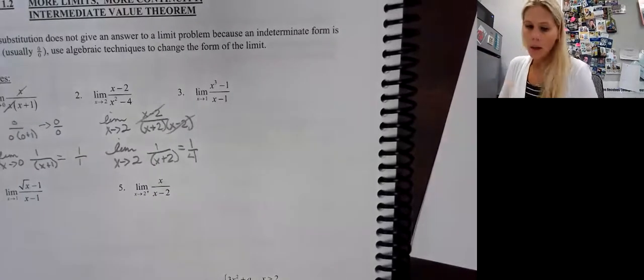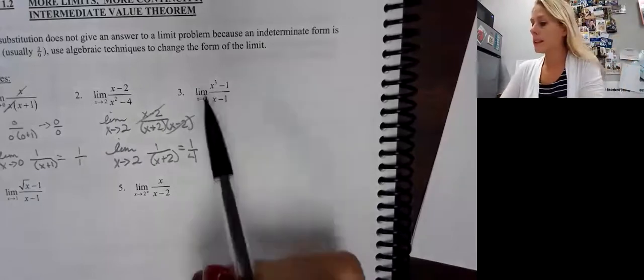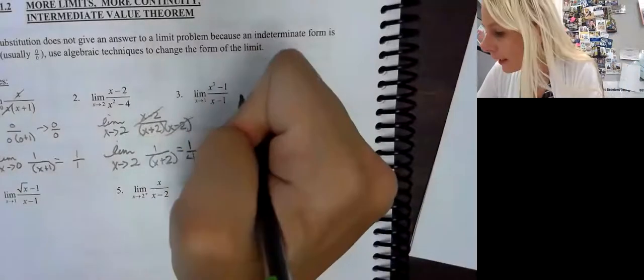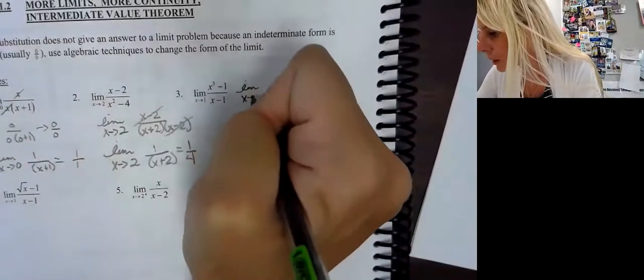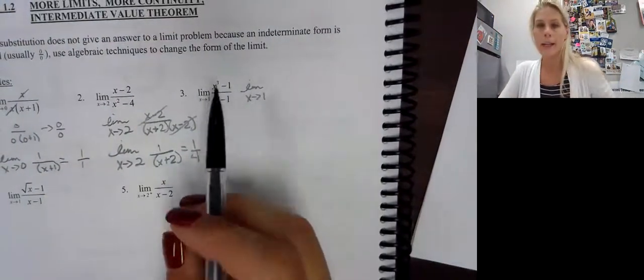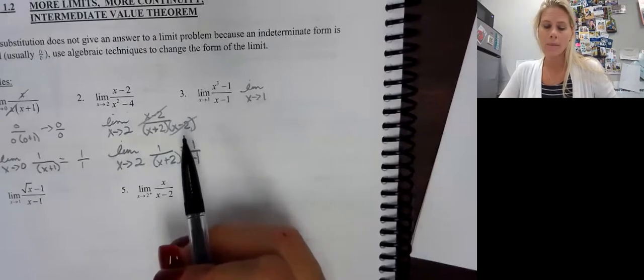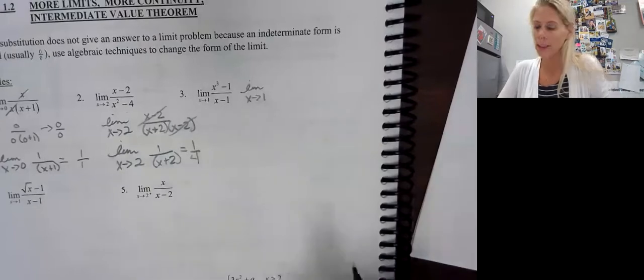Number 3. Okay, first of all, this, of course, is 0 over 0, so we have to simplify it. So let me rewrite it. Limit as x approaches 1. Now, this, if you remember, is an identity, polynomial identity. It's your cubic identity.